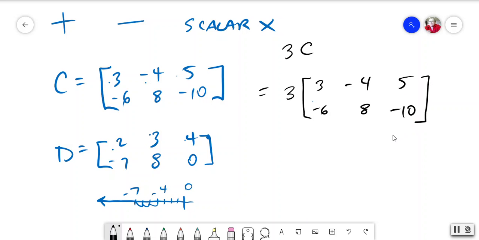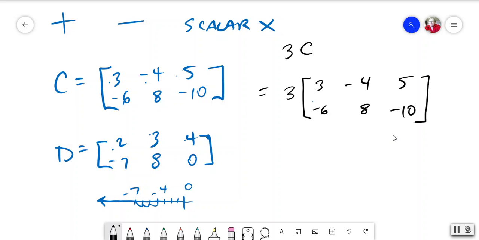And if you want to see some examples of this in your textbook, page 152 is where that would be.